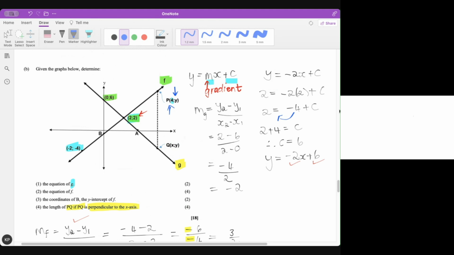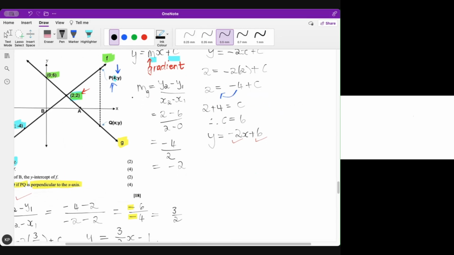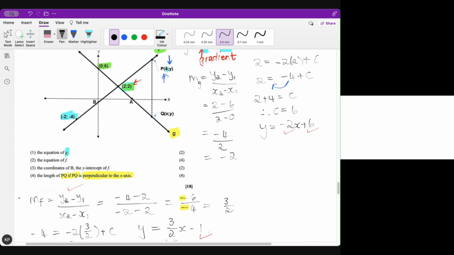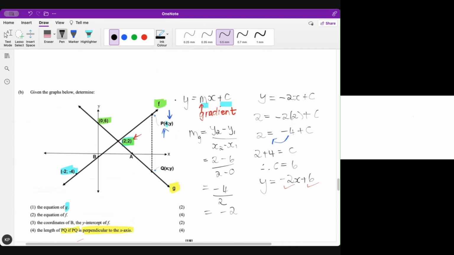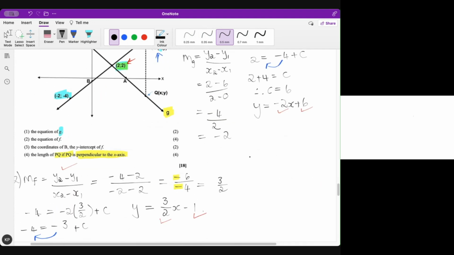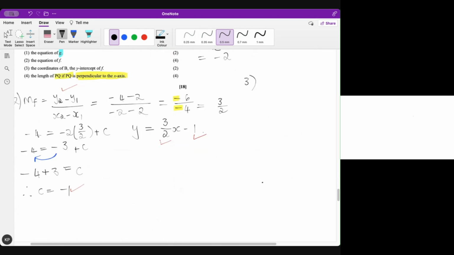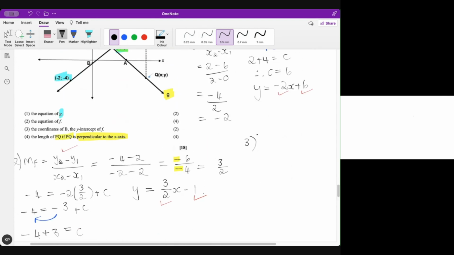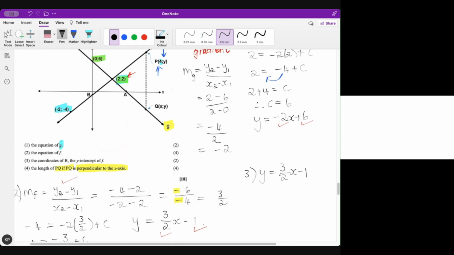So P, they gave you the x coordinate. You can find y using the equation that we just found. So I'm going to write it over here. Maybe I should number these questions because now it looks like random stuff everywhere. Okay, so we found that the equation is y is equal to 3 over 2x minus 1. And we've been given that x is 4.